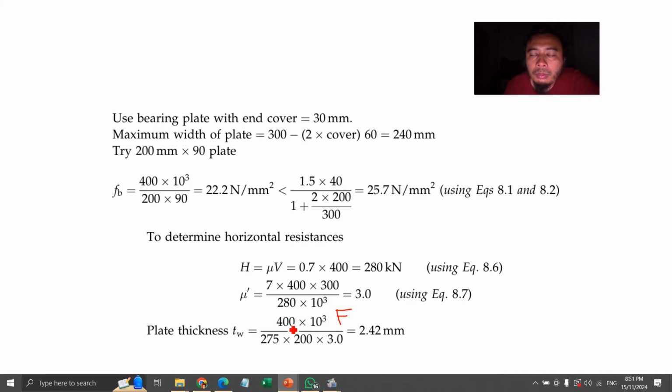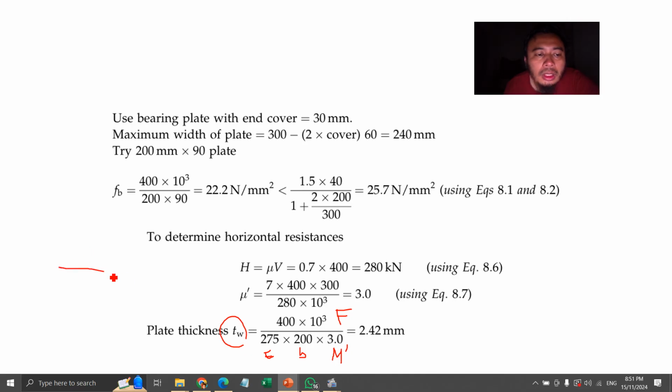You want to find the plate thickness, so you divide by E, the modulus of the steel plate, the Young modulus of the steel plate. This is your breadth, and this is your mu prime. So what you get is the thickness.